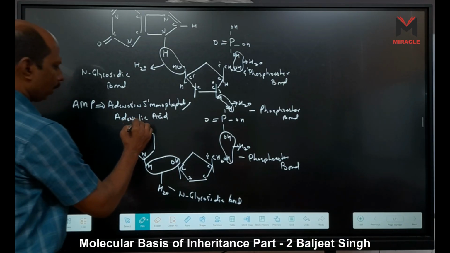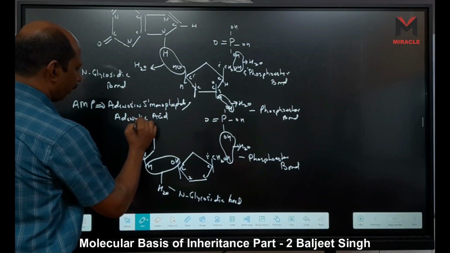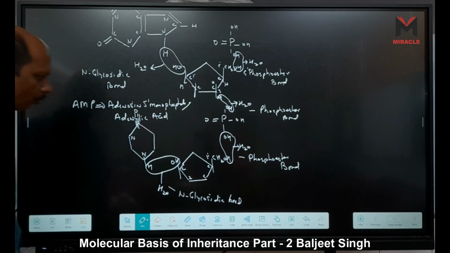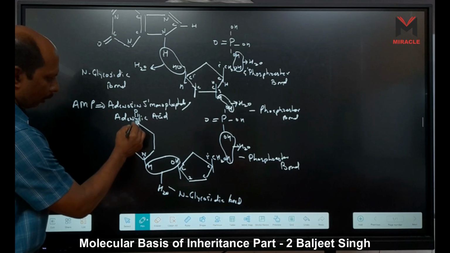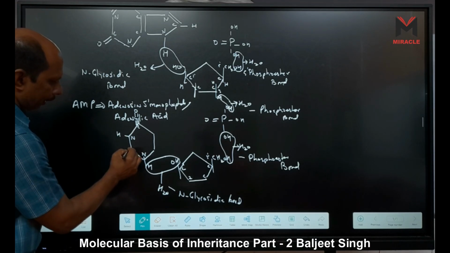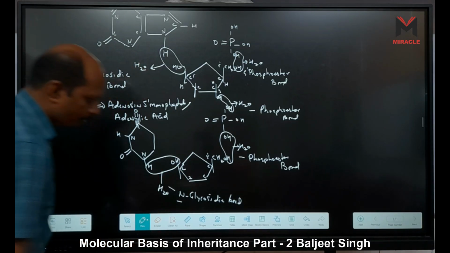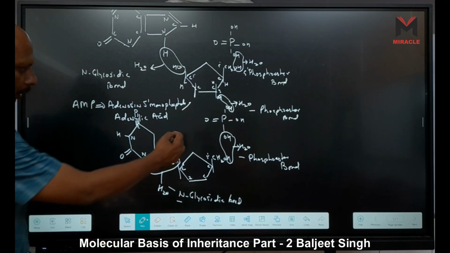So it depends upon the atom which binds here. Suppose that I form thymine, that means it is double bond O, right? Here NH2 1, 2, 3, 4, NH, this side double bond O. Now here you understand this N-glycosidic bond is formed here, right? So this is how it forms.